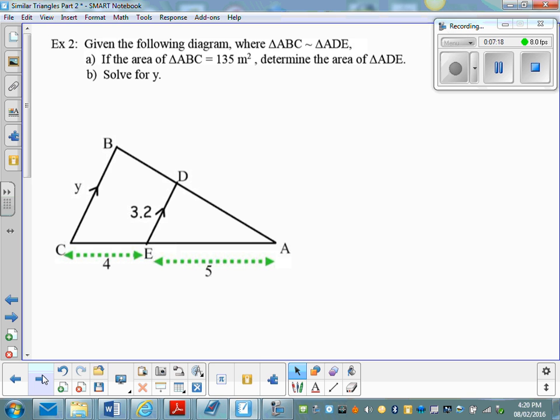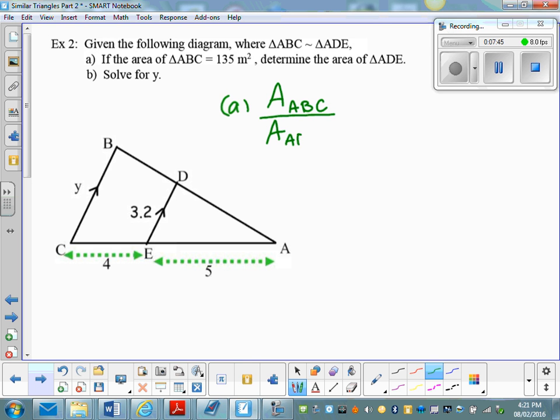And the other example we're going to look at here, given the following diagram, so in this case we're told that those two triangles are similar. If the area of triangle ABC is 135, determine the area of ADE. So I'm going to set up that ratio to begin with for A here. So area of ABC and the area of ADE.